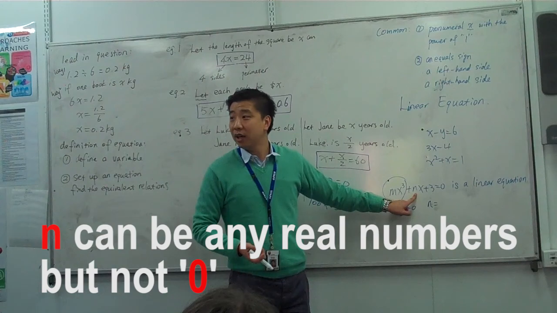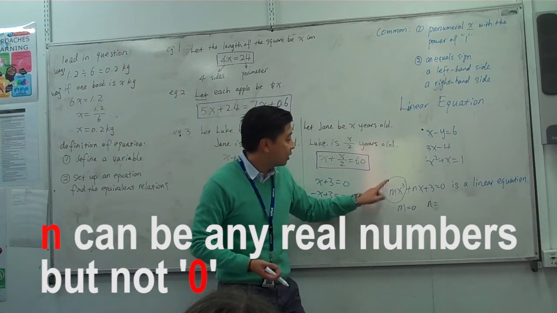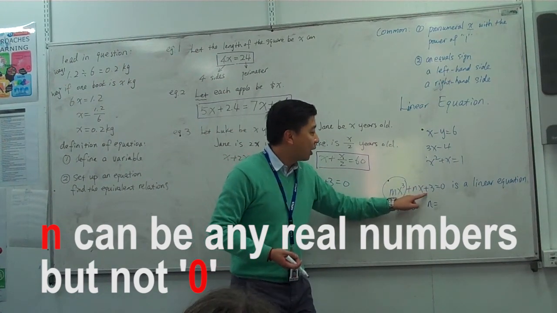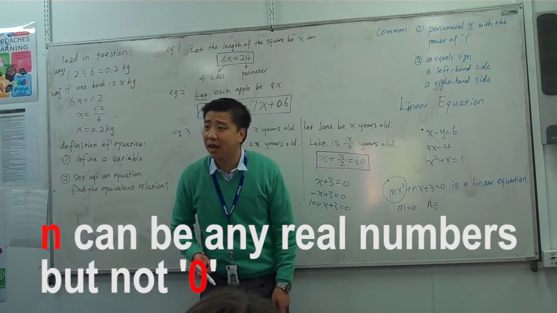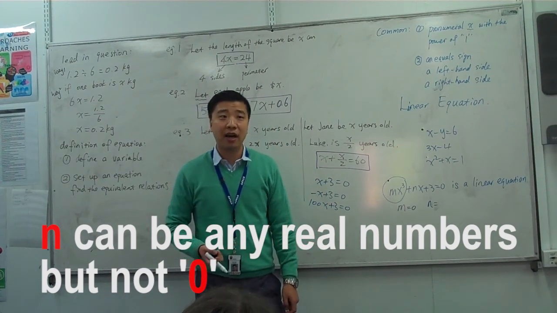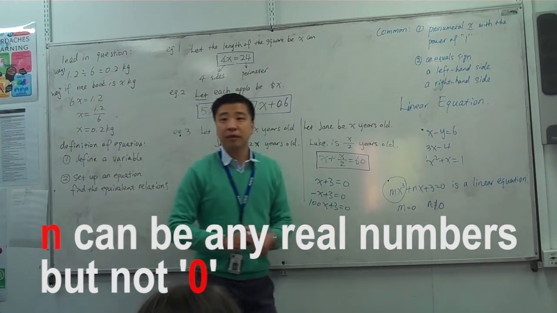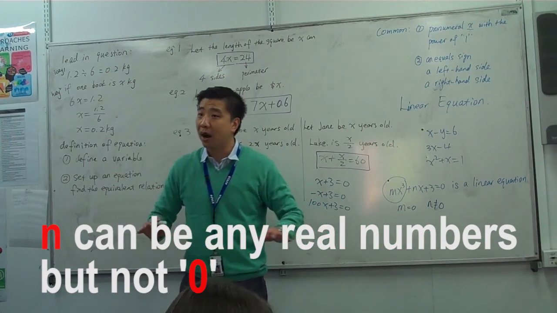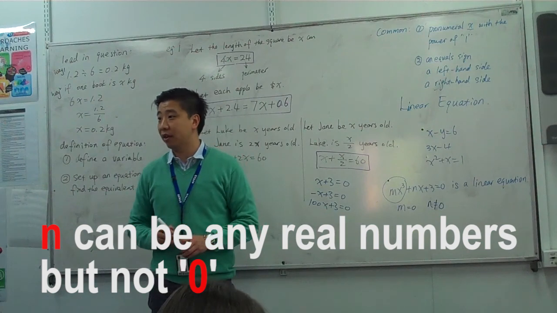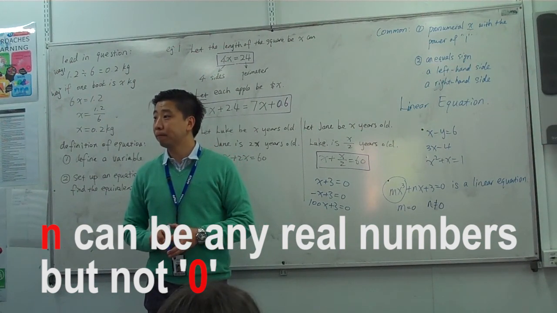Except 0. If n is 0, that is 0 plus 0 plus 3. Do you still have x? No, you don't have x. So n cannot be 0. Apart from this, n can be everything. Okay?